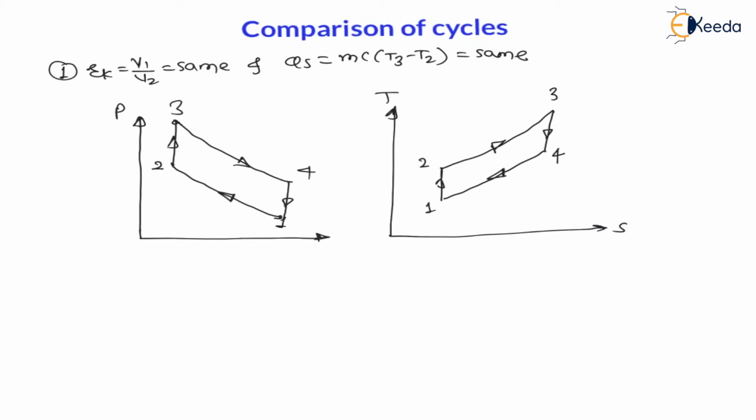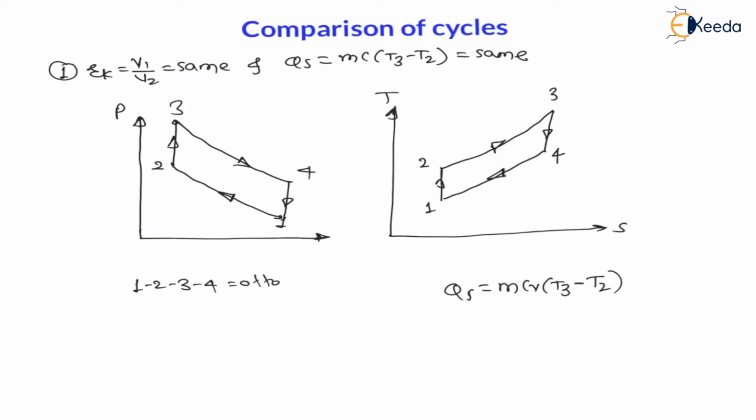Now my dear students, here I would write 1, 2, 3, 4 is the Otto cycle, right? Now the heat supply is constant in both cases, that is, heat supply is equal to, for the Otto cycle, at constant volume, therefore m Cv, we can say (T3 minus T2), right? This 2 to 3 is the constant volume heat supply process.